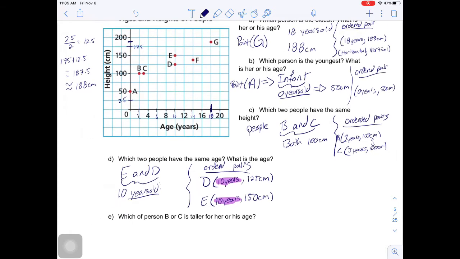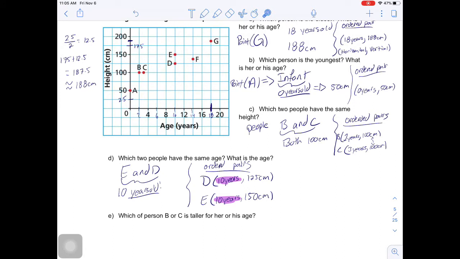Okay. Now, which person, B or C, is taller for his or her age? Well, let's see here. B or C. Now this one's asking which one is taller for his or her age. So C and B are the same height, but they're different ages. C is 3, B is 2.